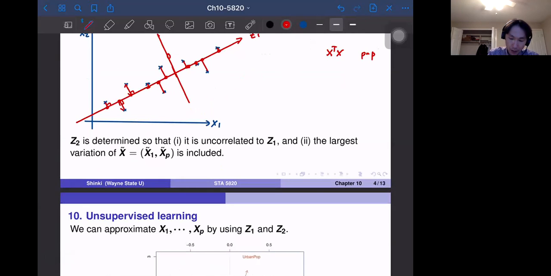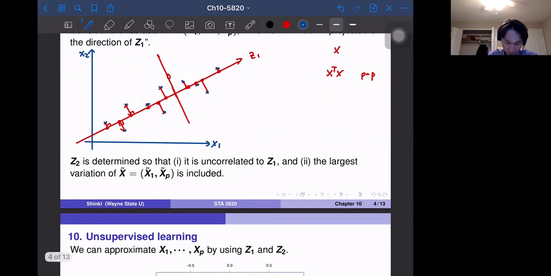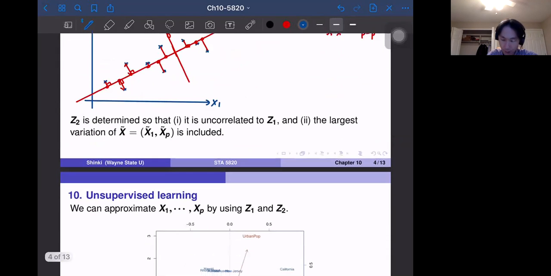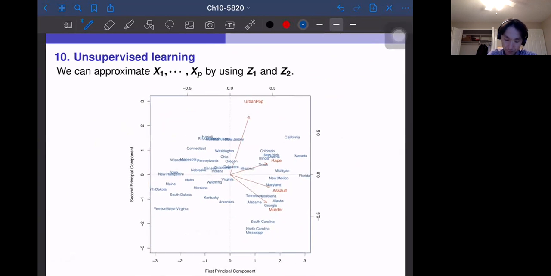In this way, we can define Z1, Z2, Z3, and so on. So we can approximate X1 to XP by Z1 and Z2. We can regress X1 on Z1 and Z2. Then we can determine the characteristics of X1 to XP.